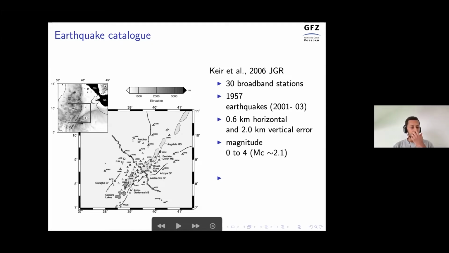And the catalog has a very high resolution. They have 600-meter resolution in epicenter and 2-kilometer vertical error. So the earthquakes have magnitude up to 4, and this is a very nice catalog that we have, and we mostly use this catalog because this is the best earthquake catalog we have for the main Ethiopian Rift.